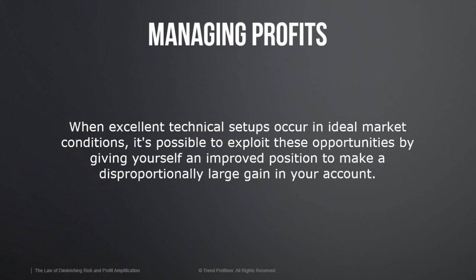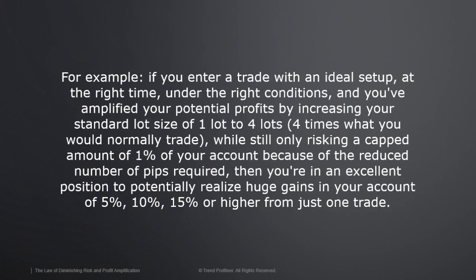When excellent technical setups occur in ideal market conditions, it's possible to exploit these opportunities by giving yourself an improved position to make a disproportionately large gain in your account.